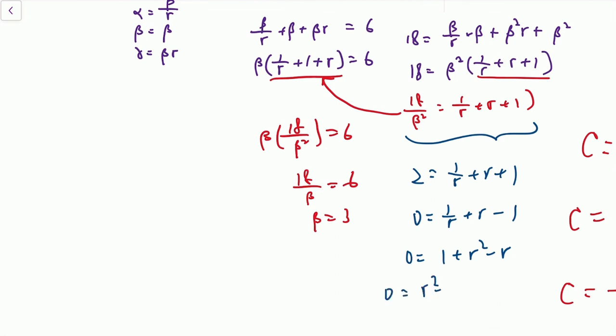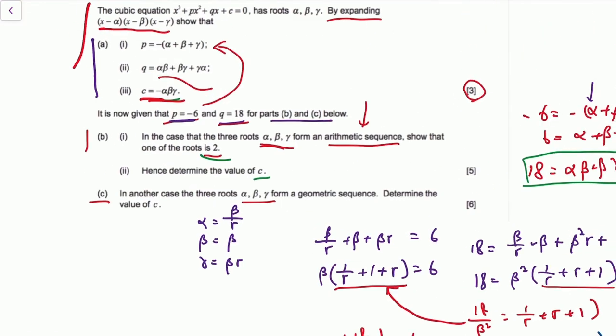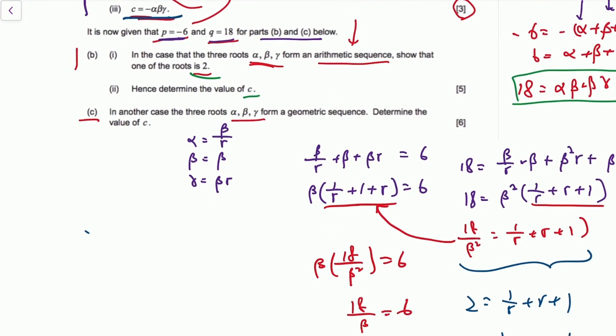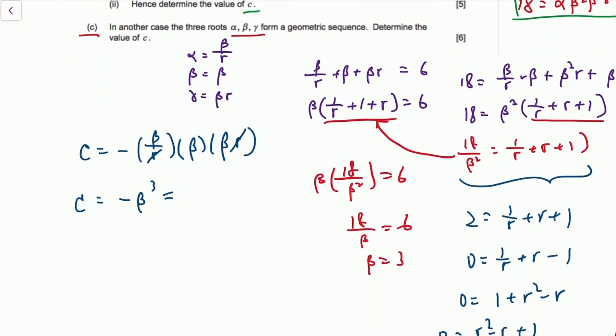We'll probably need the quadratic formula to find L. Well, actually, do we even need L? Maybe not. C is actually just the product. So it's negative alpha times beta times gamma. So luckily L cancels out. We actually don't need L. Negative beta cubed. Beta was what? 3. So negative 27.